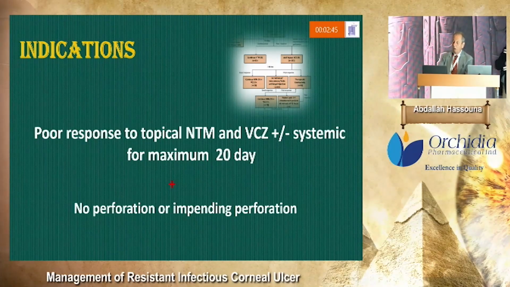When will you go for this intrastromal injection? When there is a poor response to topical natamycin and voriconazole, plus or minus systemic medication, for a maximum of 20 days, and there is no perforation or impending perforation in the patient.